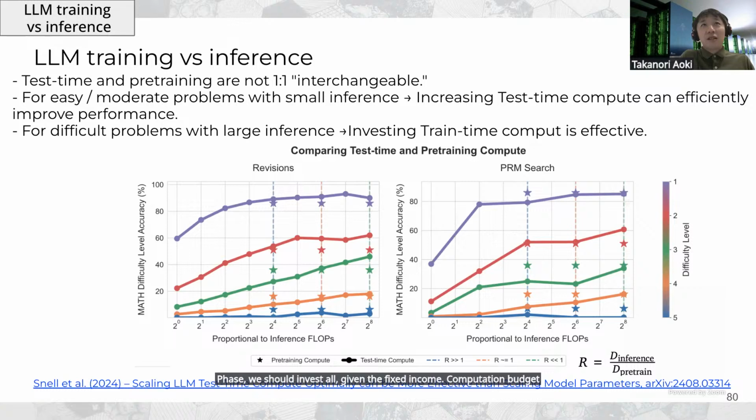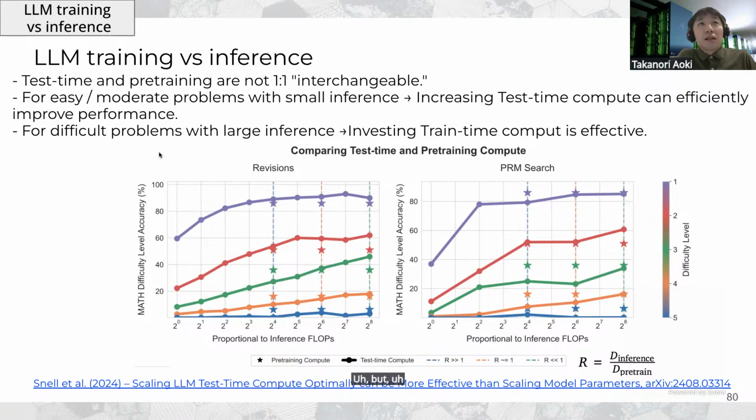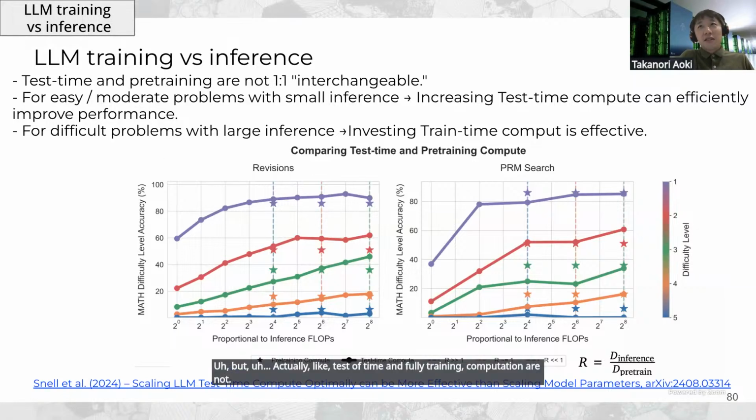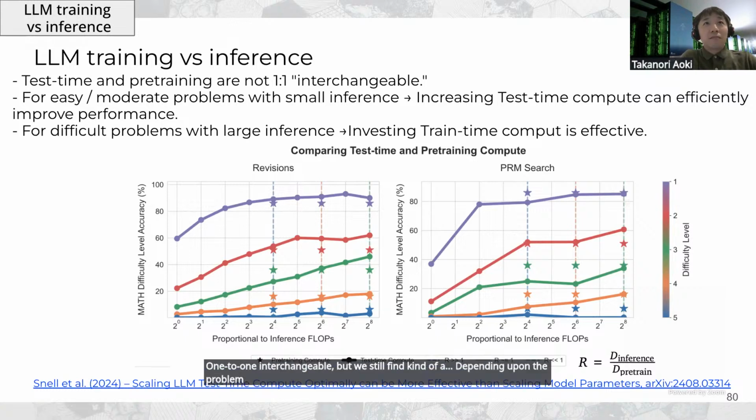Should we invest in LLM training or inference? But actually, test-time and pre-training computation are not one-to-one interchangeable, but we still find a trade-off or balancing depending upon the problem difficulty.